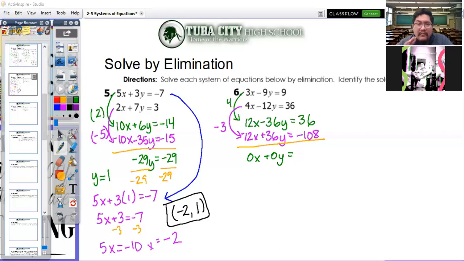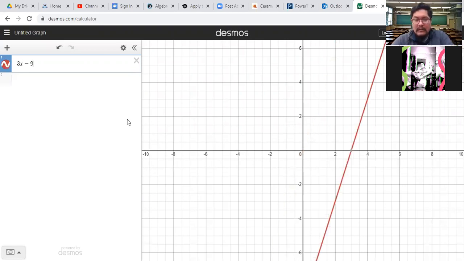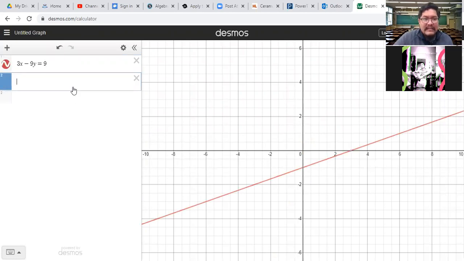Remember, when your variables drop out, there's a test you can do, and that is to check to see if it makes a true equation or a false statement. But here, I'm going to remind you that these are lines, and you can check any of these problems using Desmos.